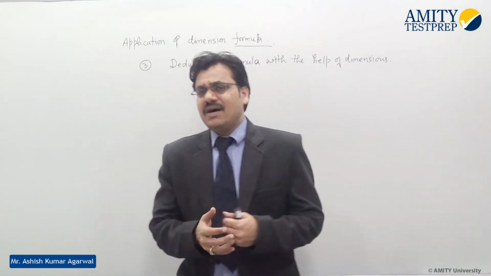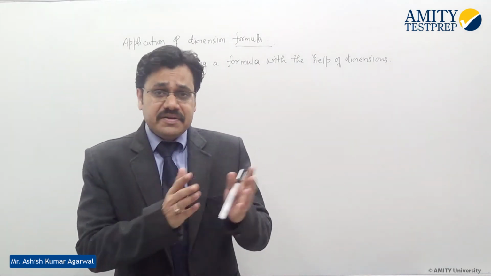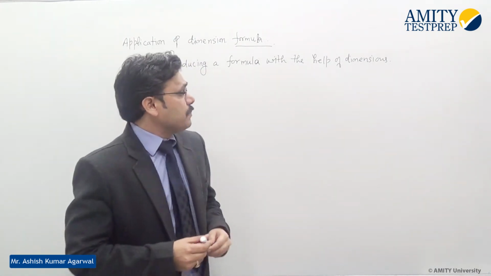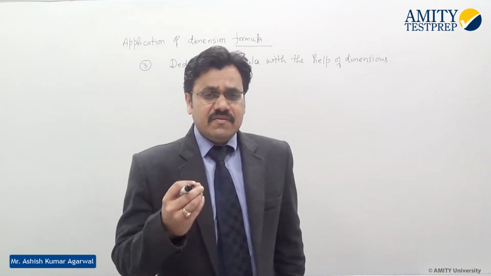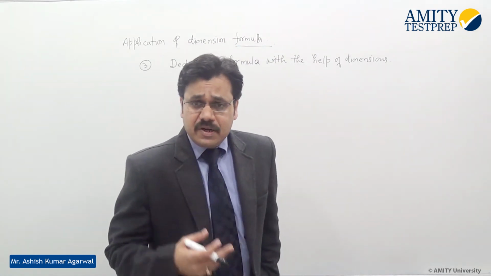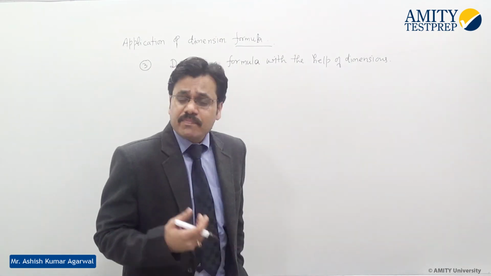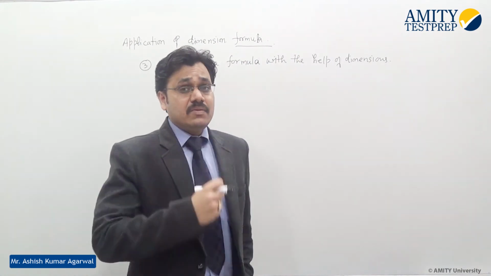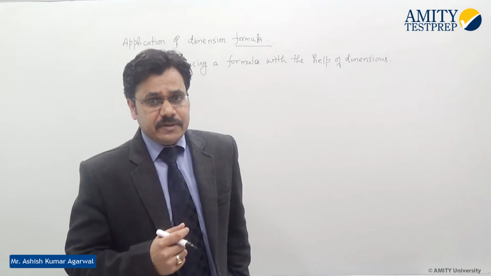So we will take an example of how we can deduce a formula with the help of dimensional analysis. Suppose I consider an example where the frequency of a simple pendulum depends on the mass of the ball, the length of the simple pendulum, and the acceleration due to gravity.